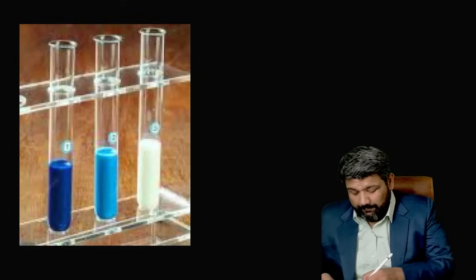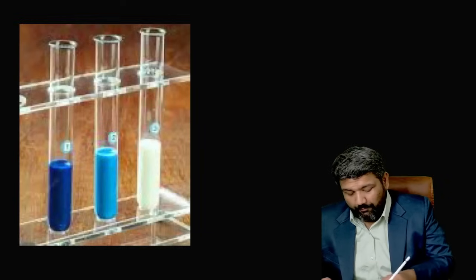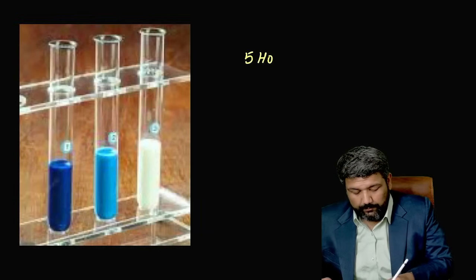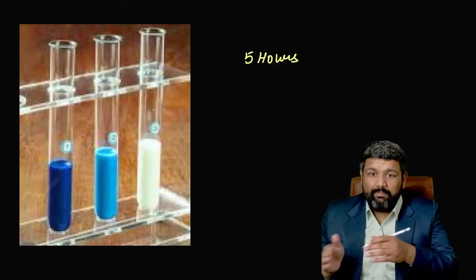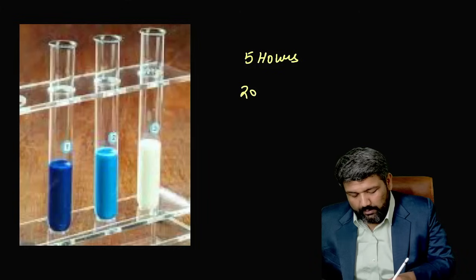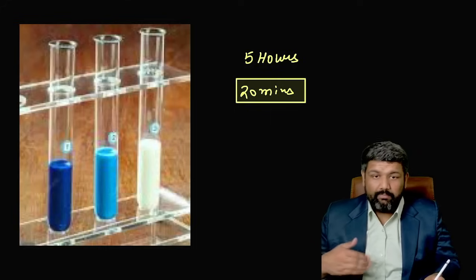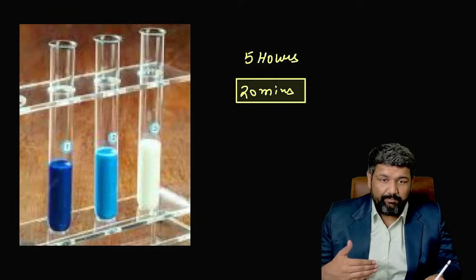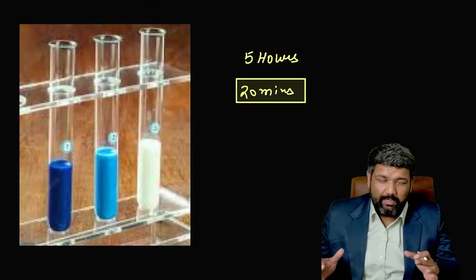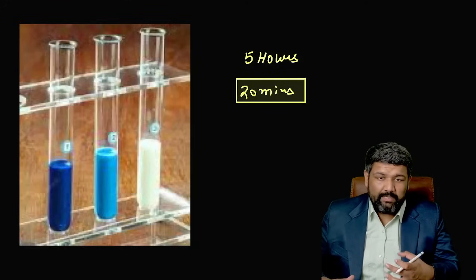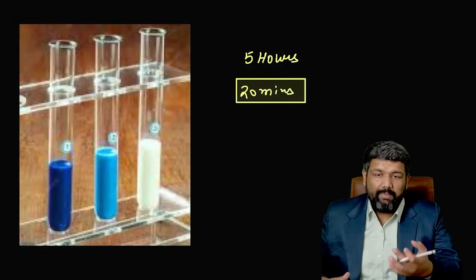So suppose the time taken from blue to white is 5 hours, and for a second milk sample, the time taken from blue to white is 20 minutes. The milk which is taking less time to go back to white color is full of bacteria, because the high load of bacteria consumes the reagent and converts it back into white.